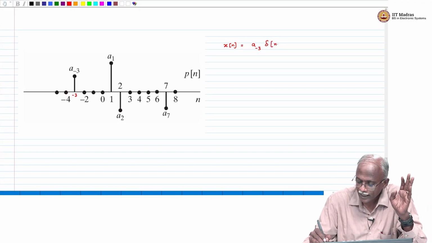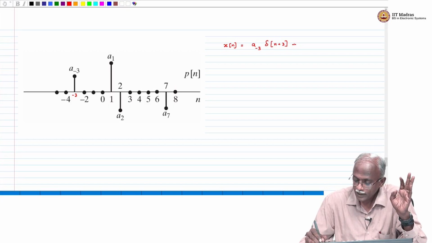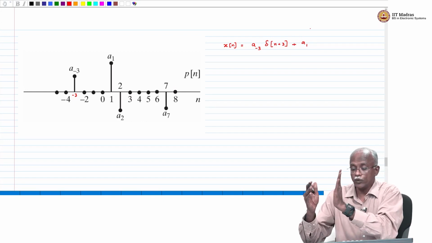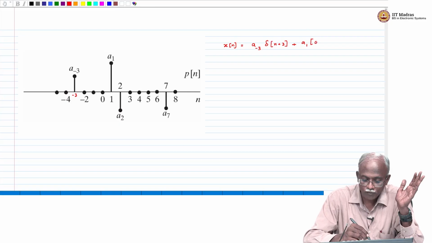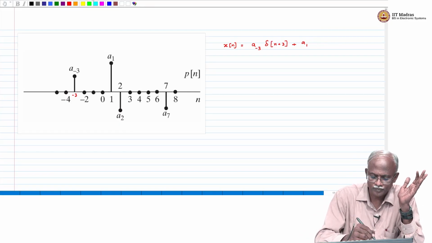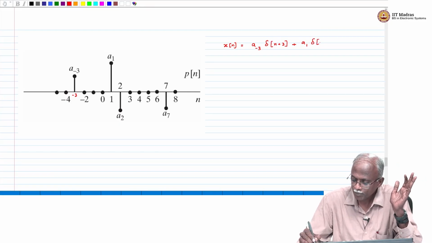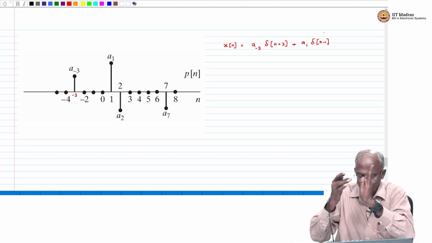So, it will be delta of n plus 3. Then you have a1 which is at a position equal to n equal to 1. That means delta of n minus 1. This is a unit sample function that occurs at n equal to 1.